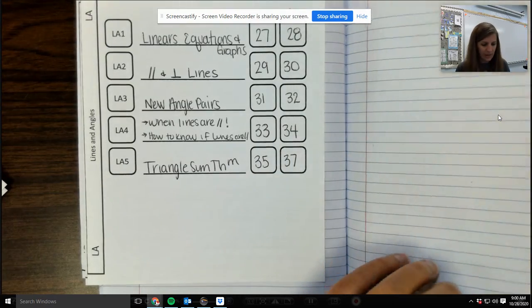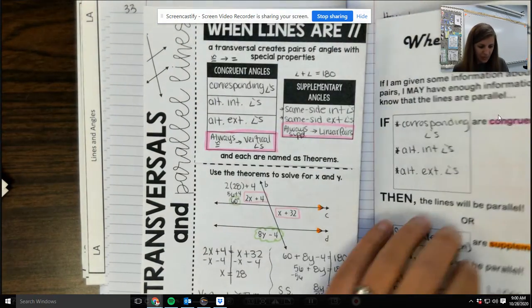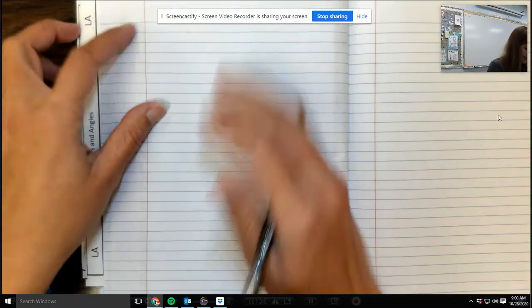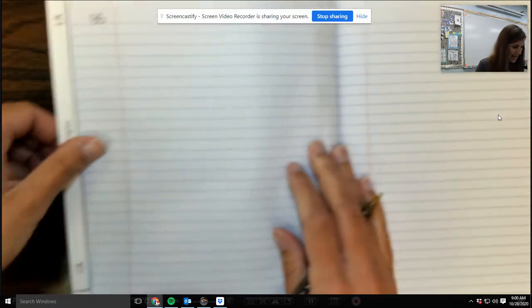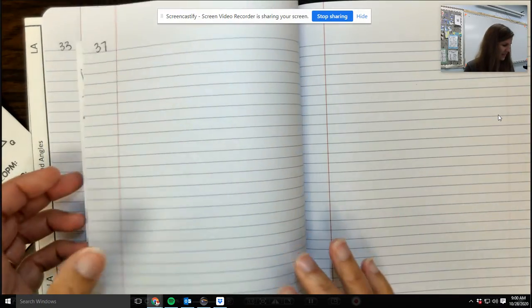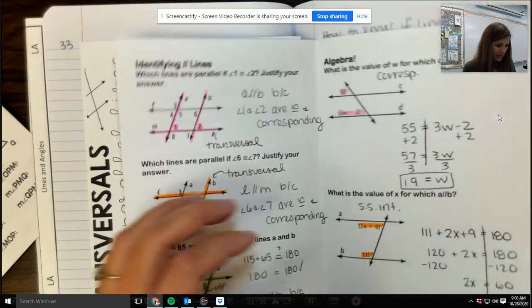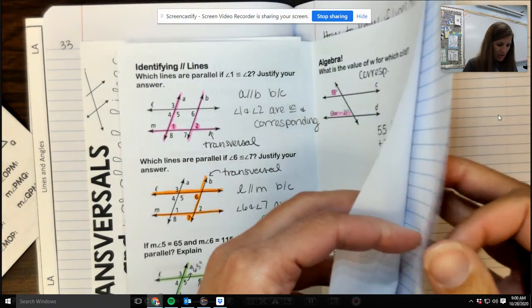Okay, so if we turn the page, we're going to add some stuff to 35. You should already have your triangle on 36. Mine's not there yet, but we're going to add that together. And then 37 over here. On 35, we are going to add this next one in our notebook right here.